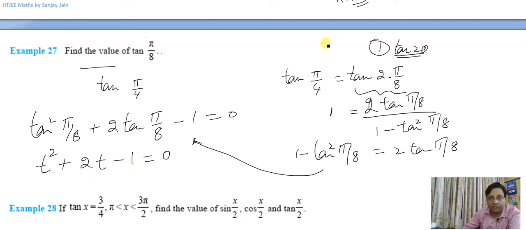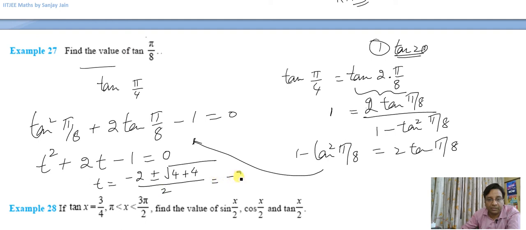Now you can solve it using the quadratic formula. So t will be equal to minus b plus minus root of b squared minus 4ac, that will give you 8 here, by 2a. So it will be equal to minus 2 plus minus root 8, that will be 2 root 2, divided by 2. So it is equal to minus 1 plus minus root 2.